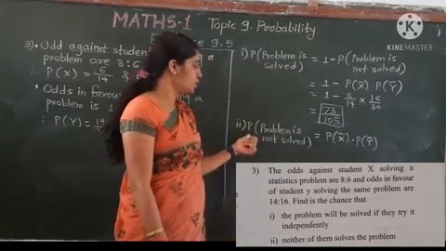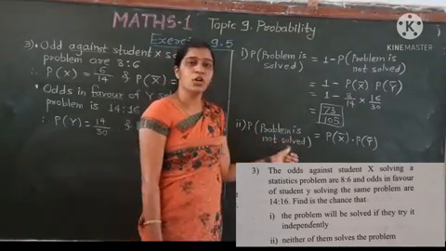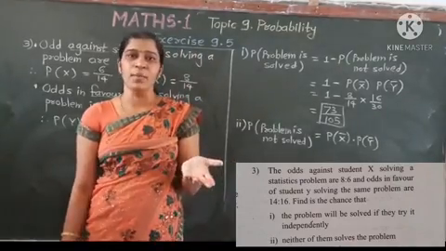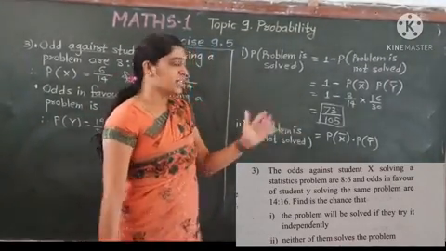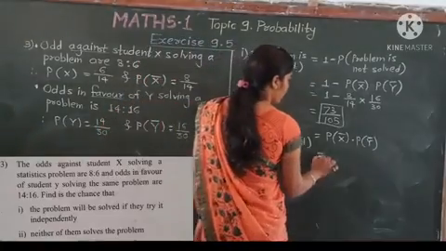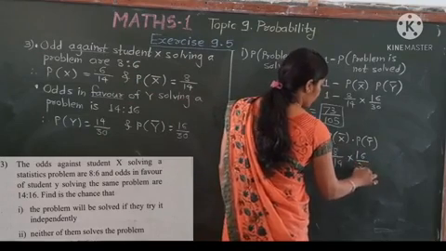And what is the second given? Probability that the problem is not solved, neither of them solves the problem. Problem is not solved means P of X bar into P of Y bar. P of X bar is 8 upon 14 into 16 upon 30.